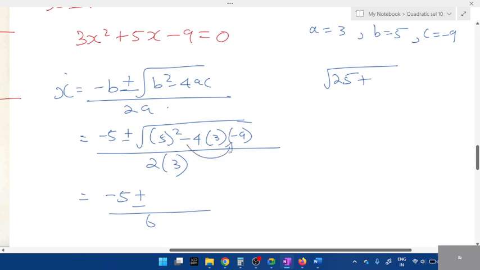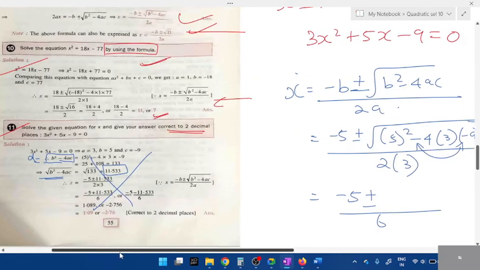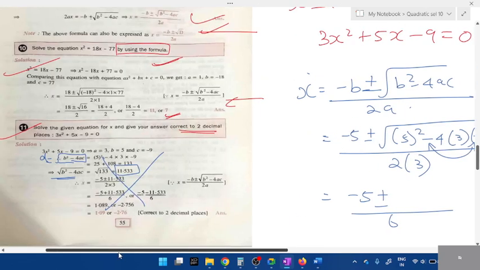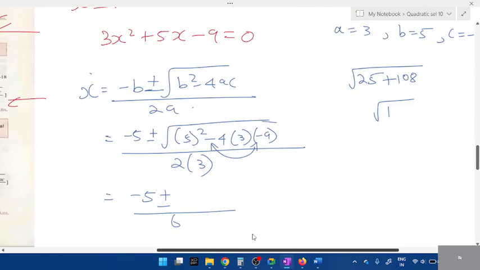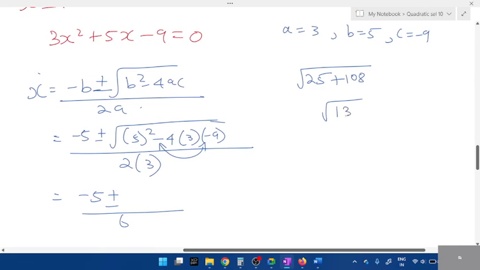Minus into minus is plus. See, one simple mistake will go wrong, student. What is 25 plus? What are we getting? 133. Is it clear? 133.